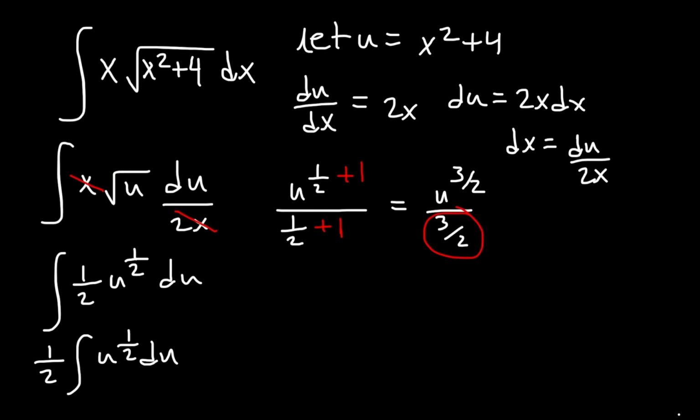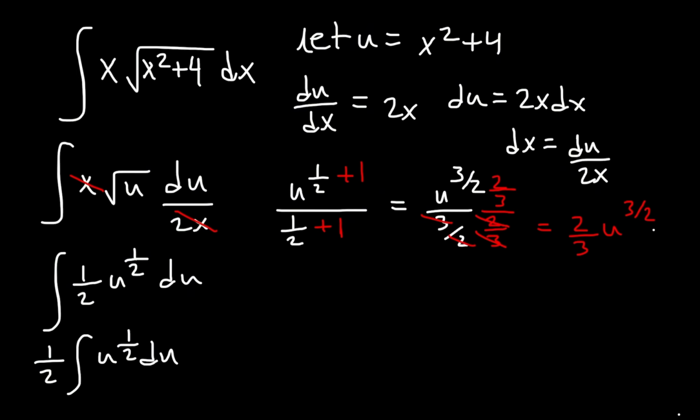And we have a complex fraction here. So I'm going to get rid of this fraction by multiplying by 2/3 on top and bottom. I'm not changing anything because this and this cancel out. So here the 2's cancel and the 3's cancel, leaving us just 2/3 of u raised to the power of 3/2.